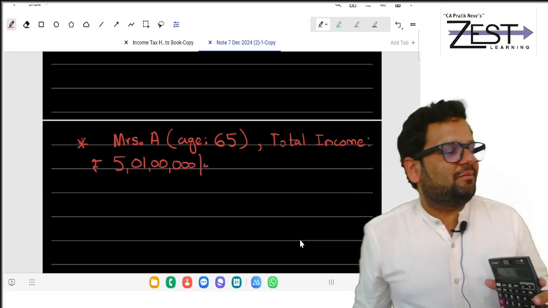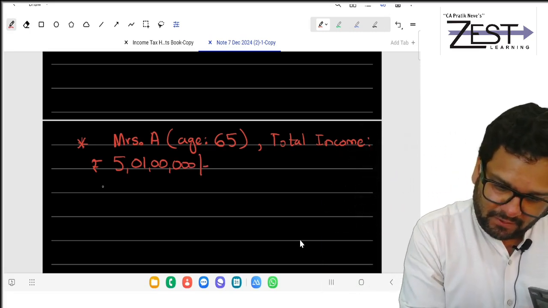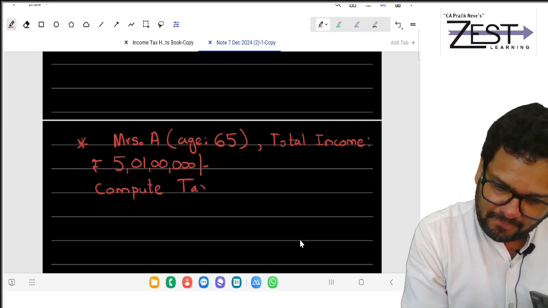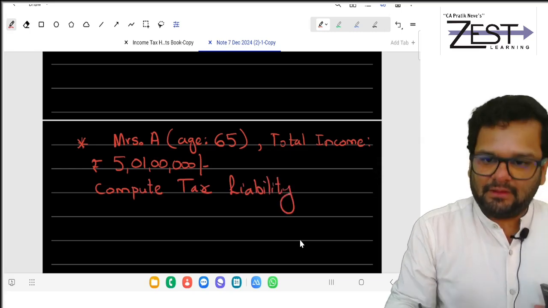How much is total income? 5 crore 1 lakh. Compute tax liability.